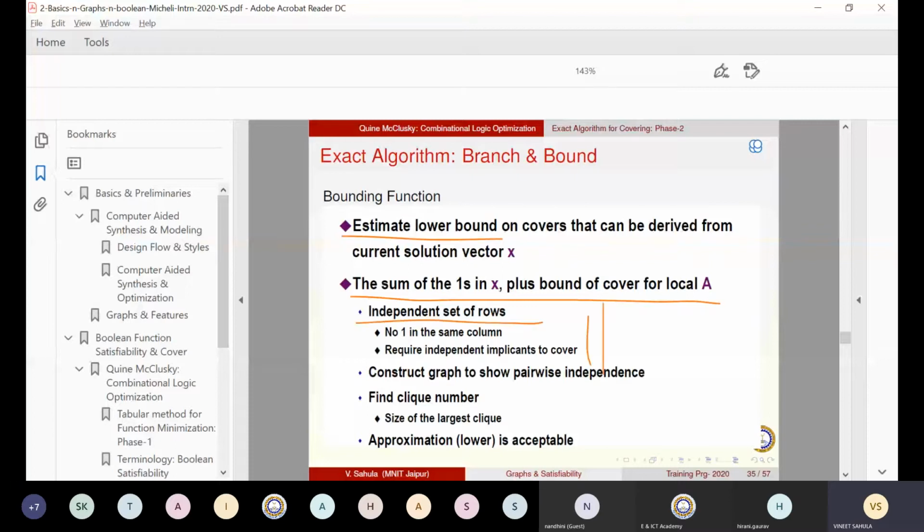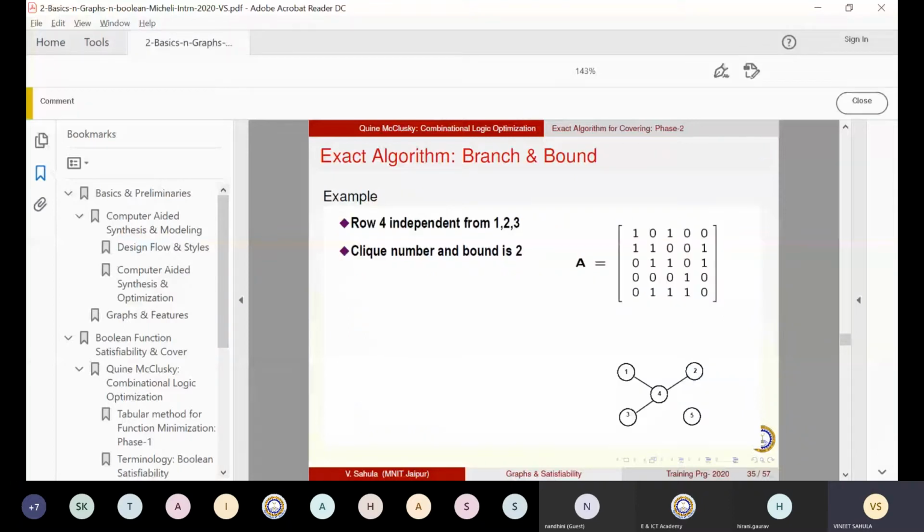This is another example, separate example. The matrix given to you is this matrix, and it has 5 rows and 5 columns. You want to find out what is the cost of this matrix? So if you look at here, he says the row 4 has one not common with any one of these 1, 2, 3.